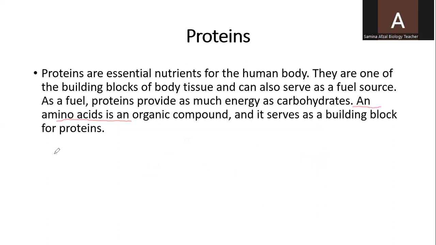So these are the amino acids, and amino acids make up larger protein molecules when they join together with the help of peptide bonds. So peptide bonds will be there, and the same condensation reaction will take place over here.